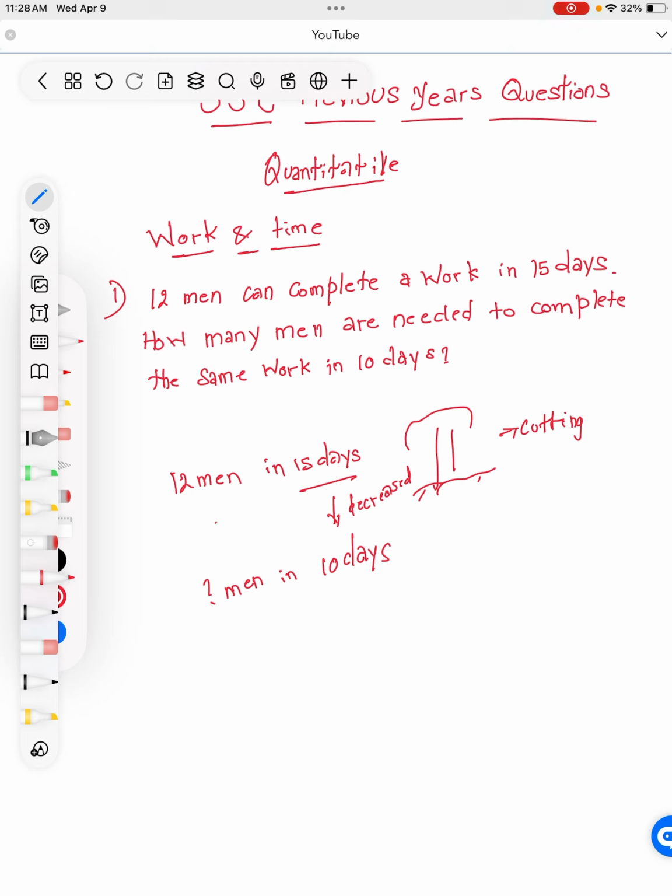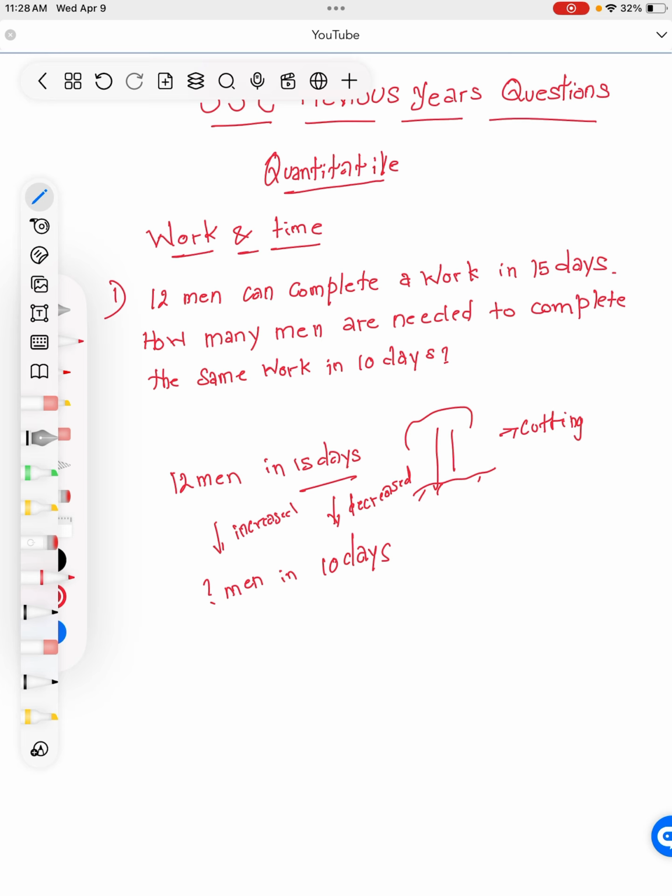So the men will be increased, so that we can complete the work faster. Correct? So this is basically about the question.